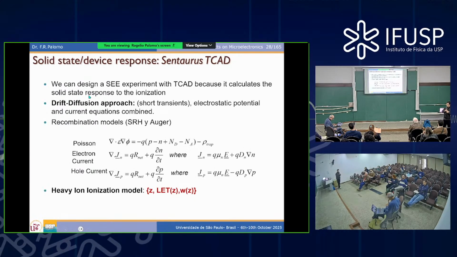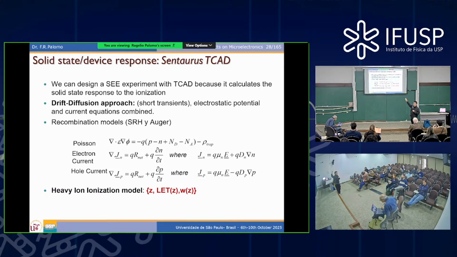With that, if you are interested in the device again, or you are making a PhD, for example, then you need to go from nuclear physics to solid state physics. The name of the tool is Sentaurus TCAD or Silvaco. It's up to you. There are other possibilities. But anyway, what any TCAD solves is that set of equations, considering that the currents come from drift diffusion.